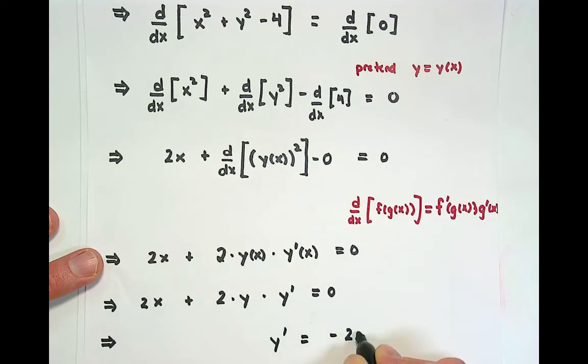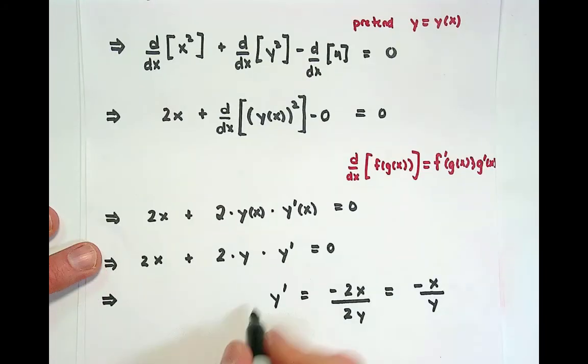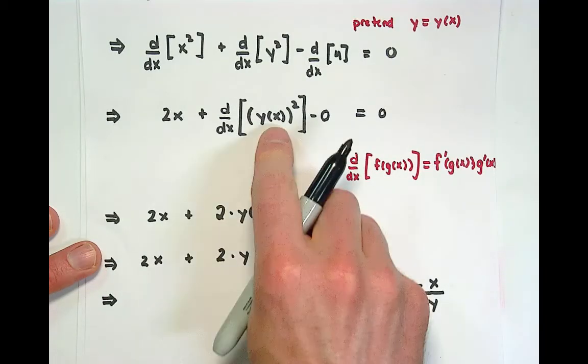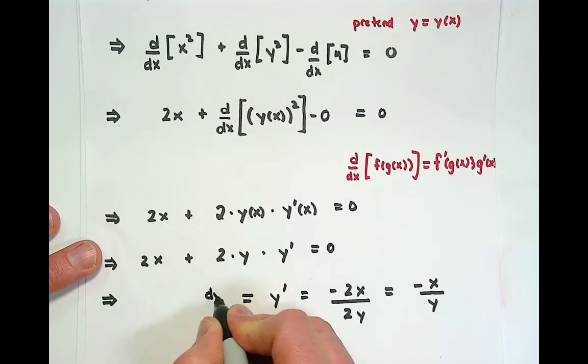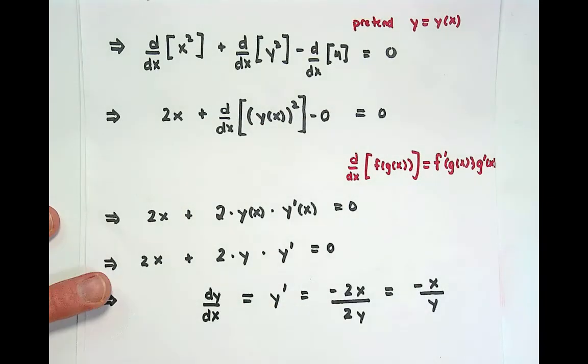So this would be minus 2x divided by 2y. And of course, this is going to be minus x divided by y. And y prime, well, the assumption was this was the derivative of y with respect to x, and this is the exact derivative that we're looking at.